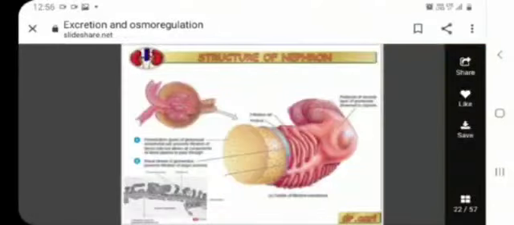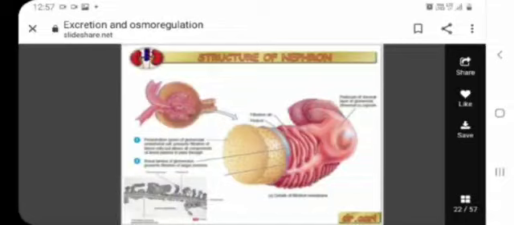Here is also the diagram showing the structure of a nephron, the glomerulus having the capillaries within the Bowman capsule.